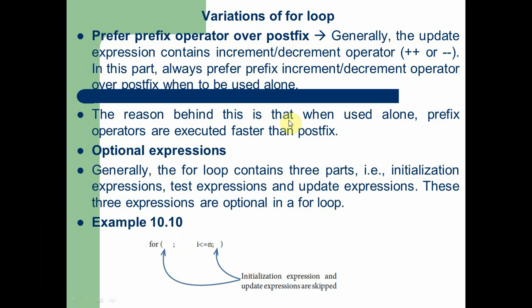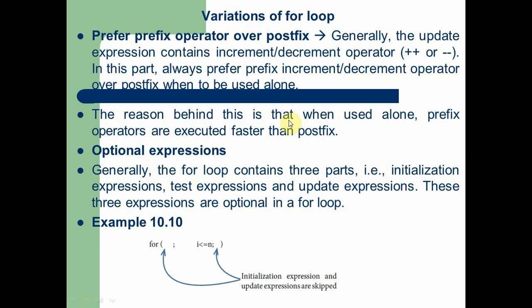The reason behind this is that when used alone, prefix executes faster than postfix. So this is a simple explanation about using the operator. The best method for using the increment or decrement operator is prefix, not postfix.